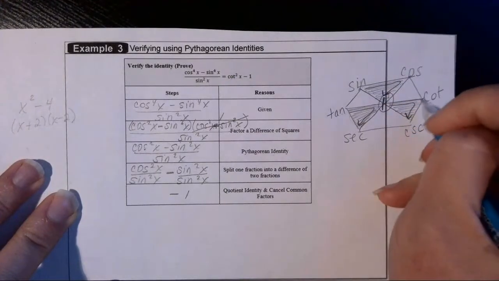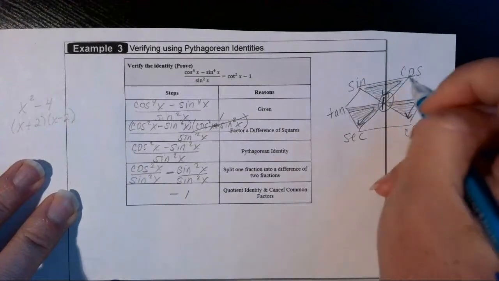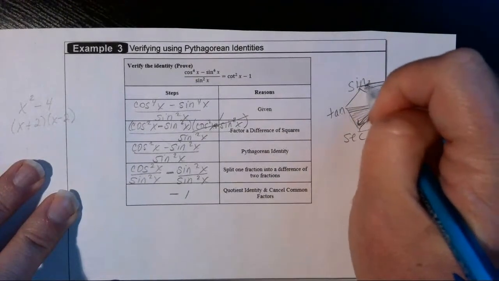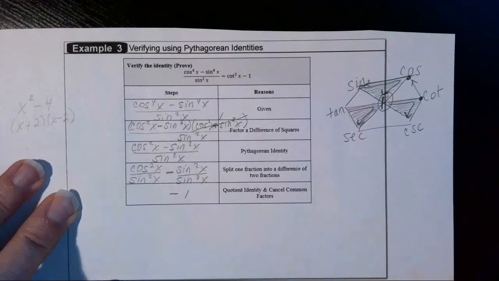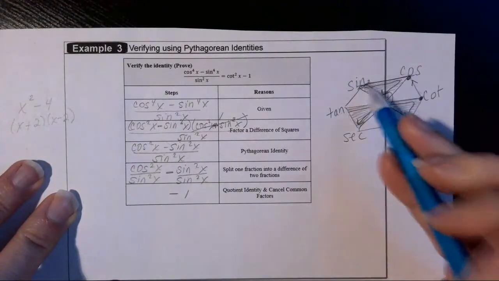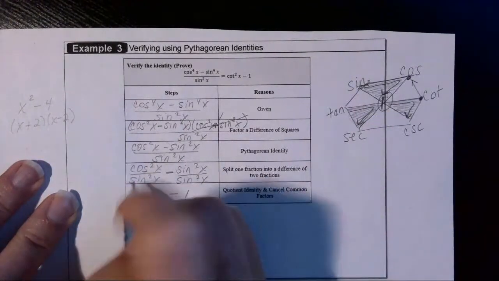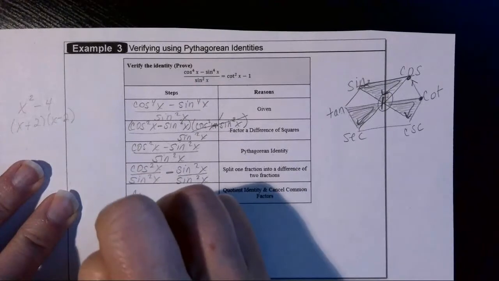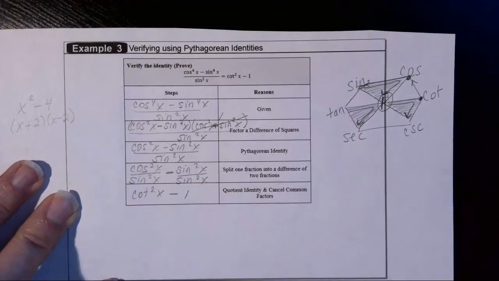So a cotangent function would be equal to cosine divided by sine, right? So since cosine divided by sine is cotangent, I can change this cosine squared x divided by sine squared x into the cotangent squared x. And then I have my minus 1.